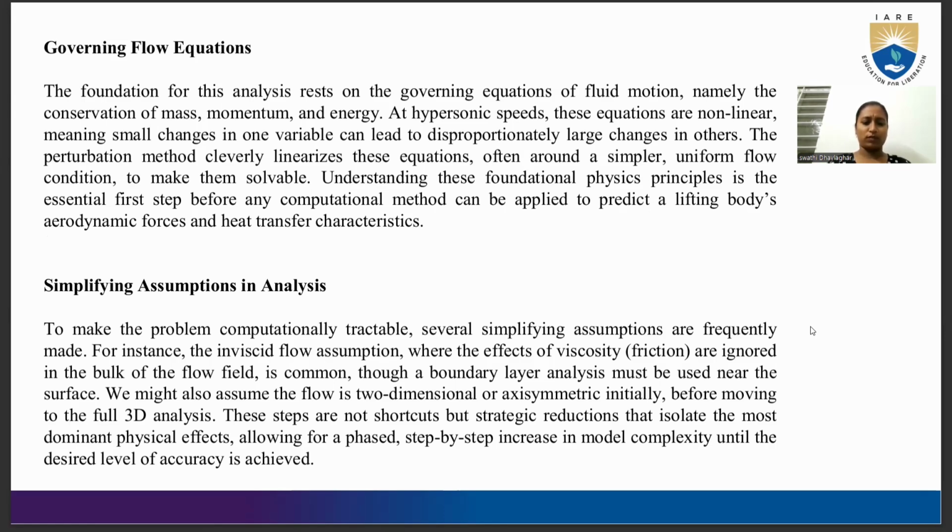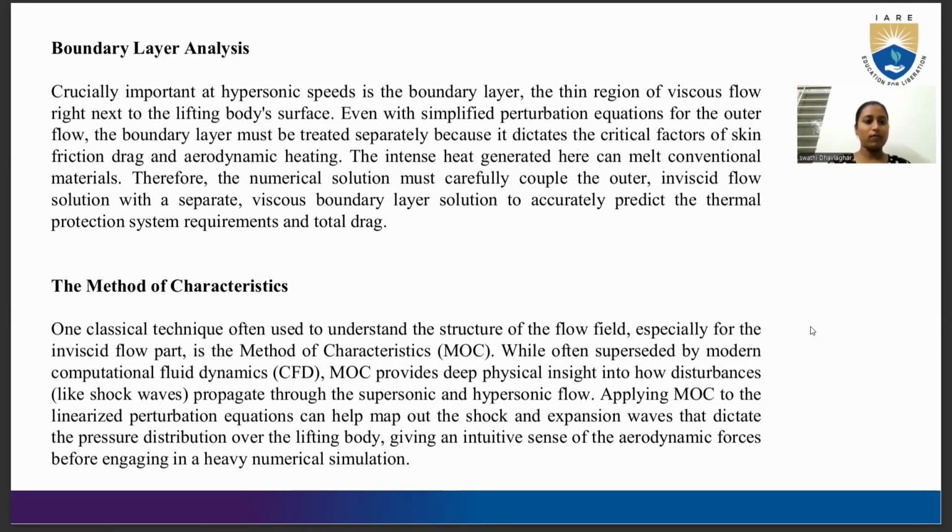We might also assume the flow is two-dimensional or axisymmetric initially before moving into a 3D analysis. These steps are not shortcuts but strategic reductions that isolate the most dominant physical effects and phase step by step increasing model complexity until the desired level of accuracy is achieved.